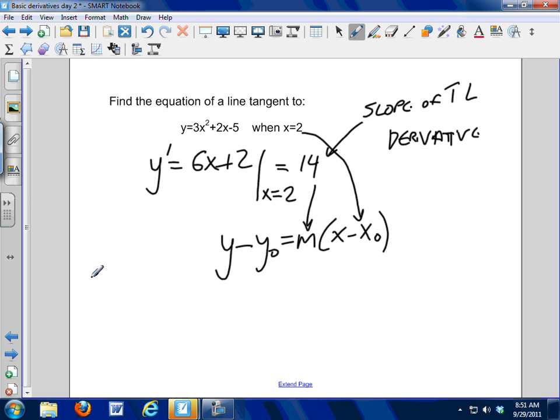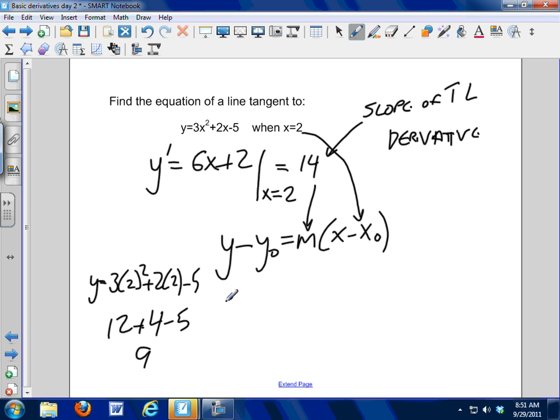So we'll do a little sidebar over here. y equals 3 times 2 squared plus 2 times 2 minus 5. Remember order of operations, 2 squared is 4, 4 times 3 is 12, 2 times 2 is 4, so 12 plus 4 minus 5, 16 minus 5, I think is 9. Does that sound good? 9.